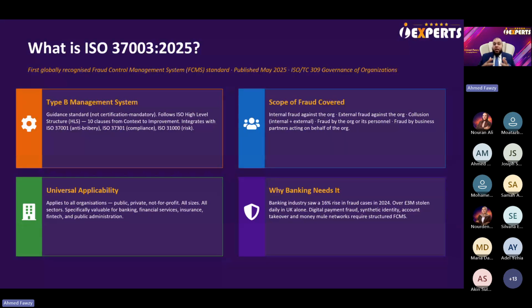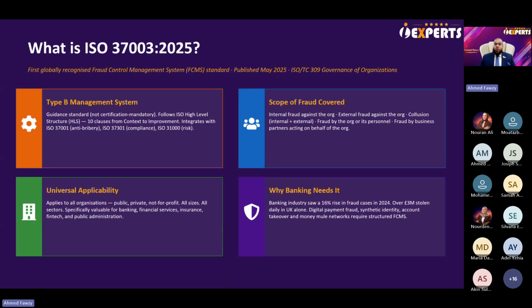Again, it is well connected with risk management, ISO 31000, compliance management, ISO 37301, and of course the mother, or the main member of this family, ISO 37001, anti-bribery, which is required in many organizations that want to make sure that we have clean hands, that everything is controlled without any fraud or black activities.